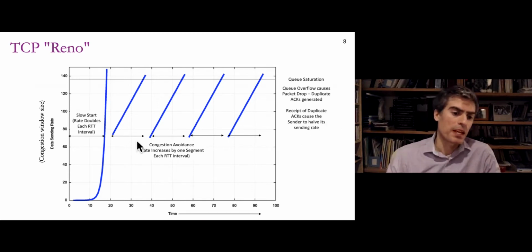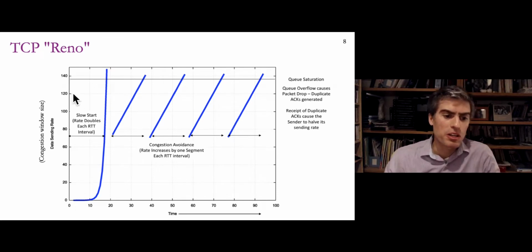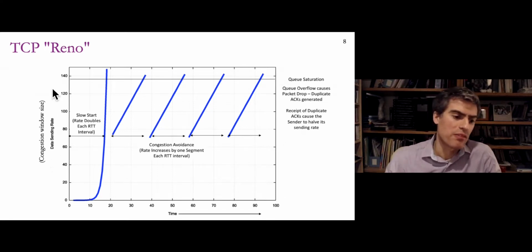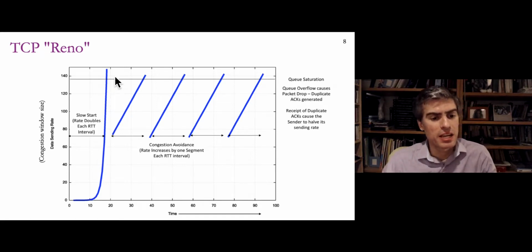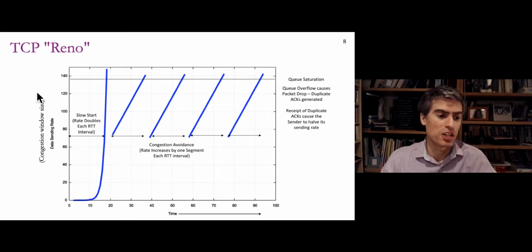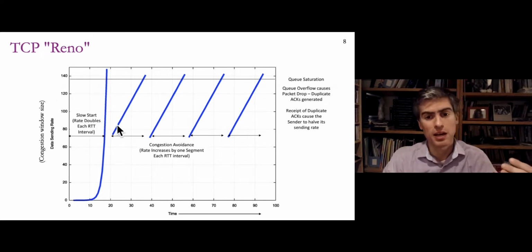All right, but like I said before, we're going to see a lot of these graphs, these plots, where on the y-axis we have the congestion window size, which is the throughput or the speed of the connection. And on the x-axis we have time. And this represents how quickly the sender is sending its data on this line plot. And we'll see what adjustments are made to the send rate, which is to say the congestion window size, over time.